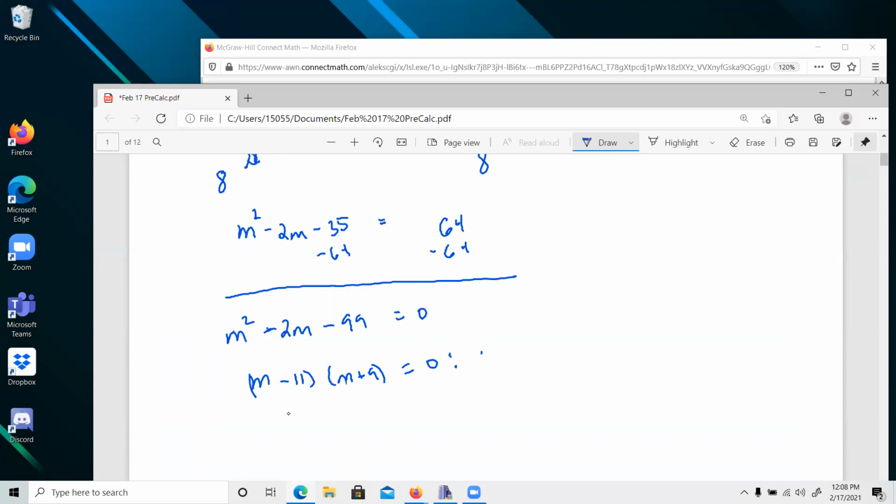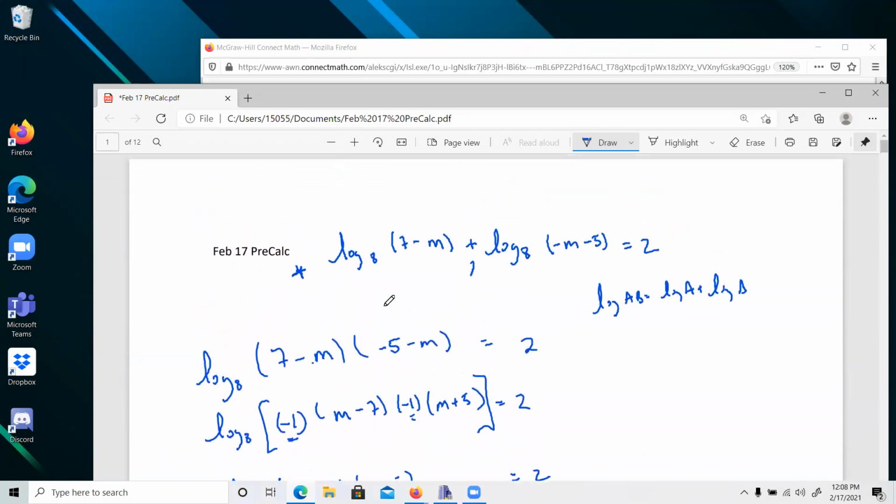So by the zero factor principle, we know m minus 11 equals 0, or m plus 9 is equal to 0. m equals 11, m equals -9. Now, I'm not crossing anything out yet because we have to test these points back at the beginning to see whether or not this actually works.